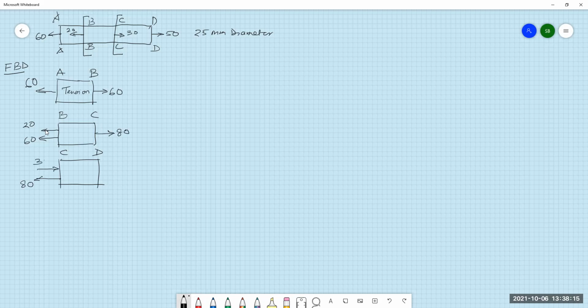Summing them together, 80 minus 30 is 50 kilonewton load rightwards at position D, which matches the given load of 50 kilonewton. So the bar is balanced in all the sections.